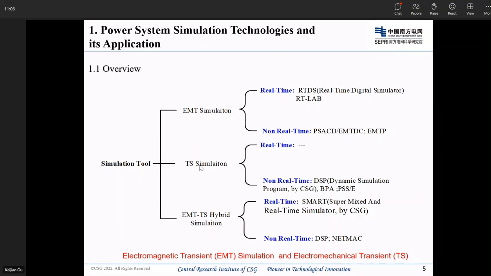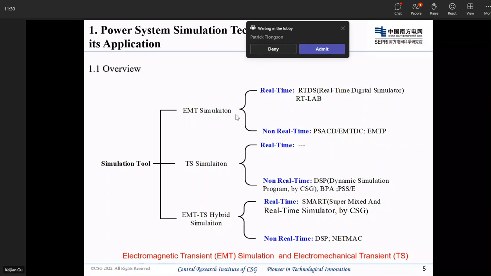Another is TS simulation. TS is electromechanical transient simulation. And there is also the EMT and TS hybrid simulation. So these are the three types of simulation.